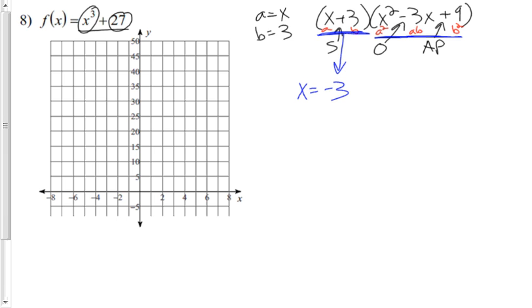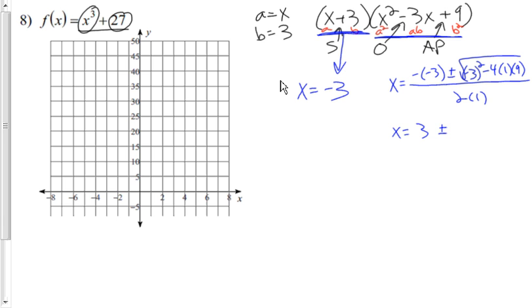And then for the quadratic, we're going to do the quadratic formula to figure out those zeros. So x equals -b plus or minus the square root of b squared minus 4ac, all over 2a.